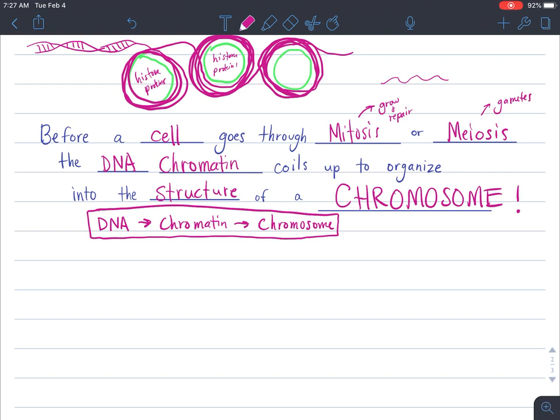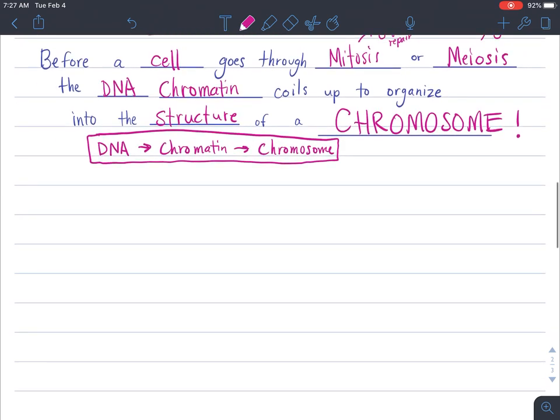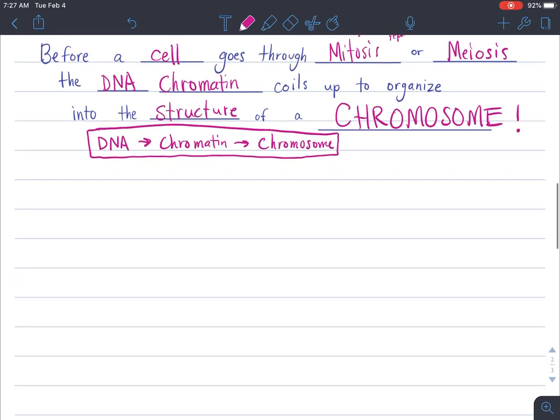So before our body heals and grows and repairs or creates gametes, our DNA is going to wrap up into an organized structure called the chromosome so that mitosis and meiosis can occur. So when we draw mitosis and meiosis, we're drawing chromosomes. And so essentially what happens is you end up with this thing that kind of looks like a sausage. And this is a chromosome.